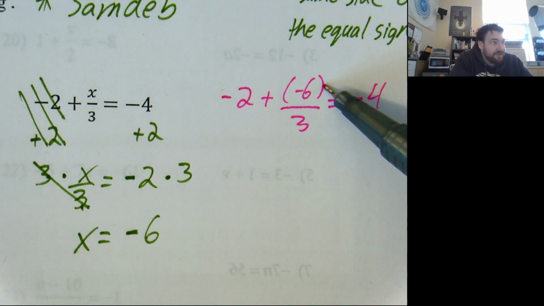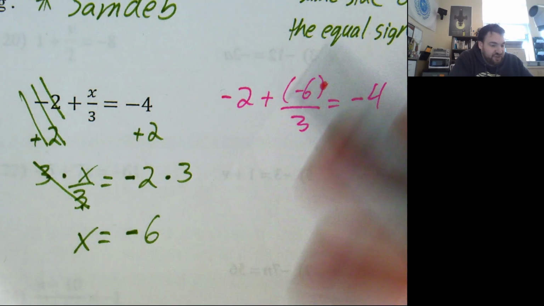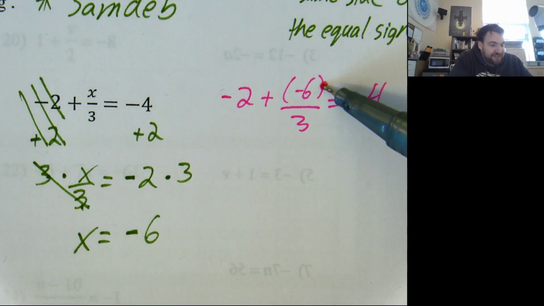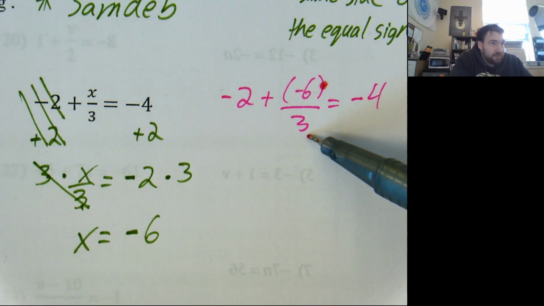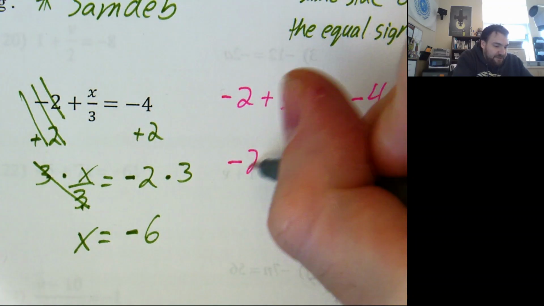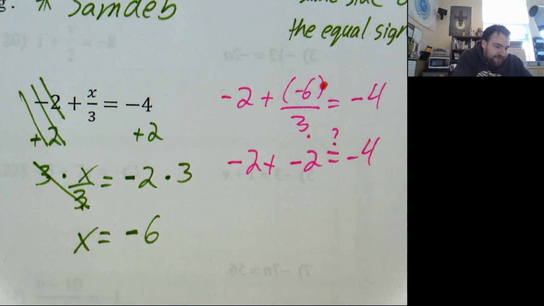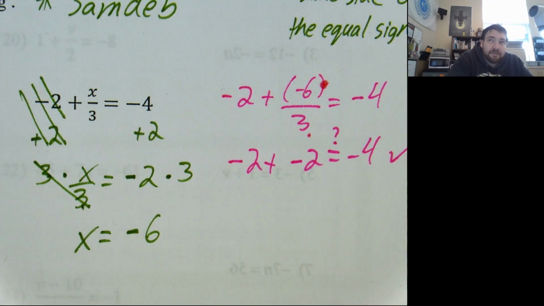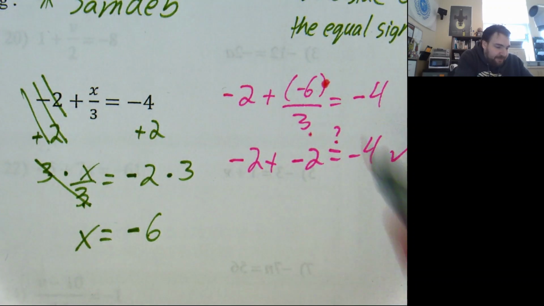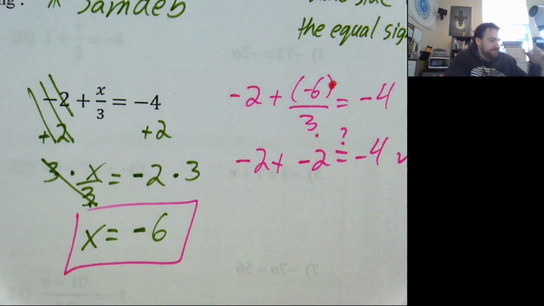Is there math to do inside the brackets? No. There's no exponents. Division's next. What's -6 over 3? -2. So I'm going to have -2 plus -2. Is that equal to -4? You bet it is. So because this is a true statement, this must be correct. Love it.